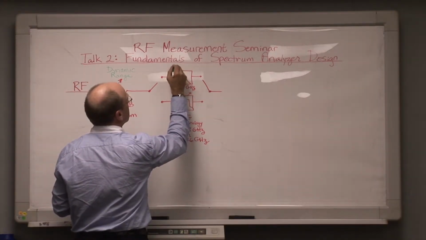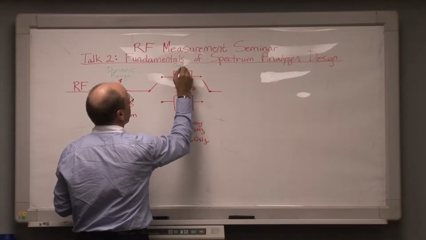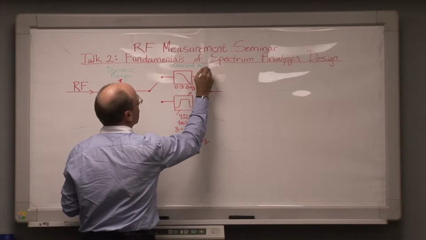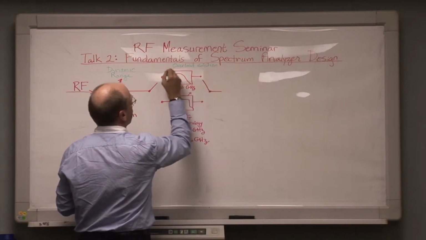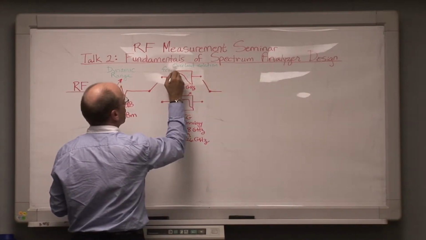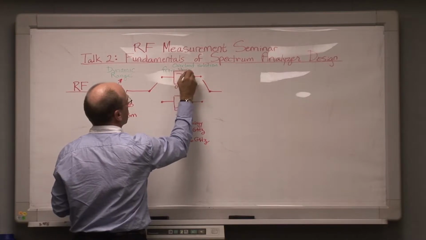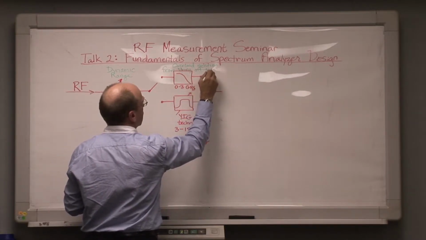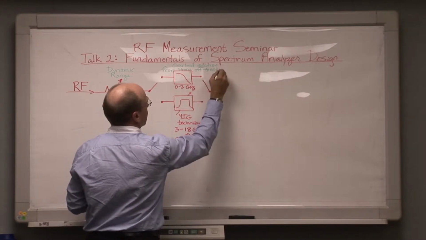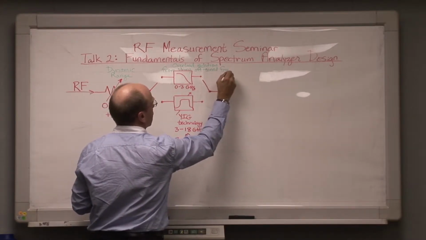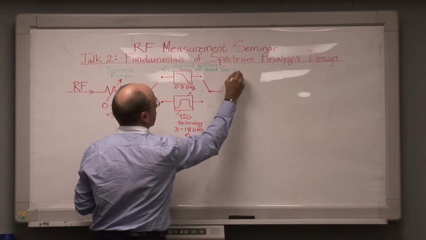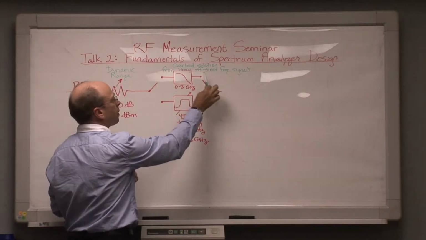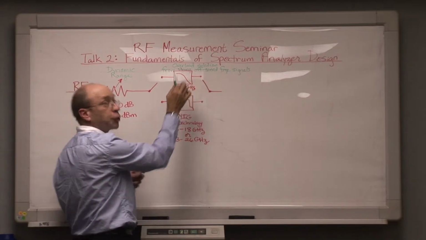So this is overload isolation from strong off-tuned frequency signals. And by off-tuned frequency signals, I mean signals that are not on the frequency that you're trying to measure.